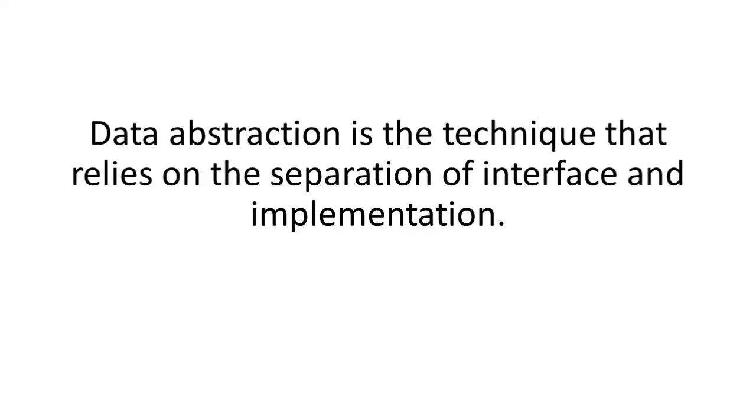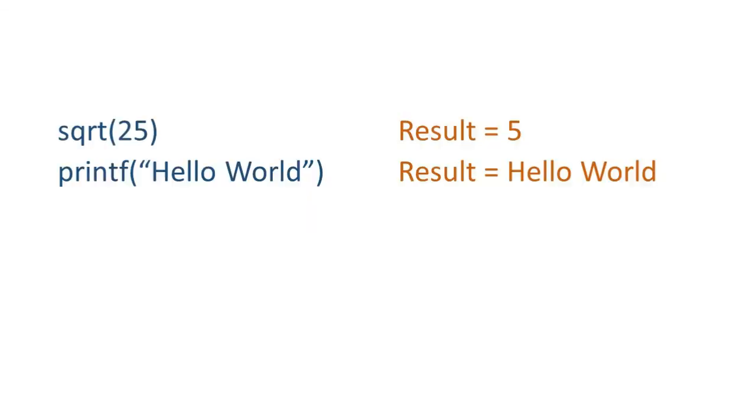Data abstraction is the technique that relies on the separation of interface and implementation. For example, if we use two functions like sqrt and printf, whenever there are parentheses, that is a function. So sqrt with 25 in brackets gives us the result 5, that is, the square root of 25 is 5.